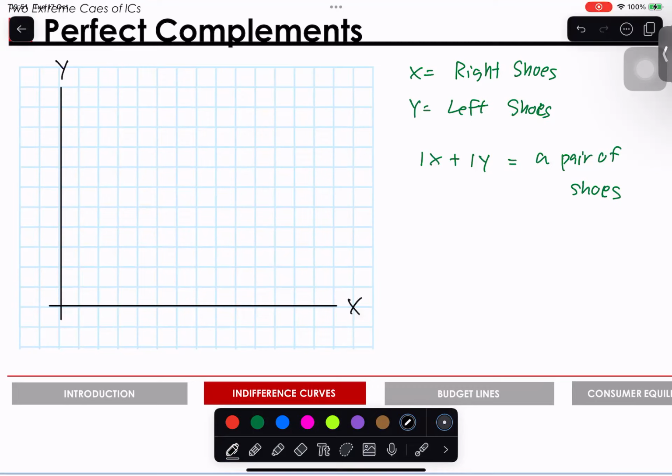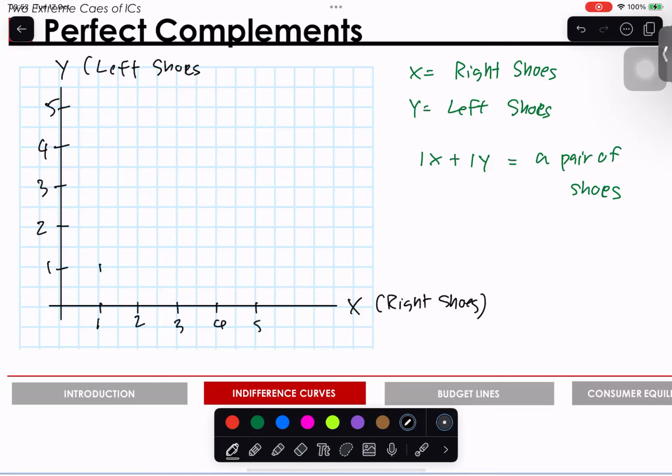X and Y. Suppose this person starts with having one left and one right, one here.